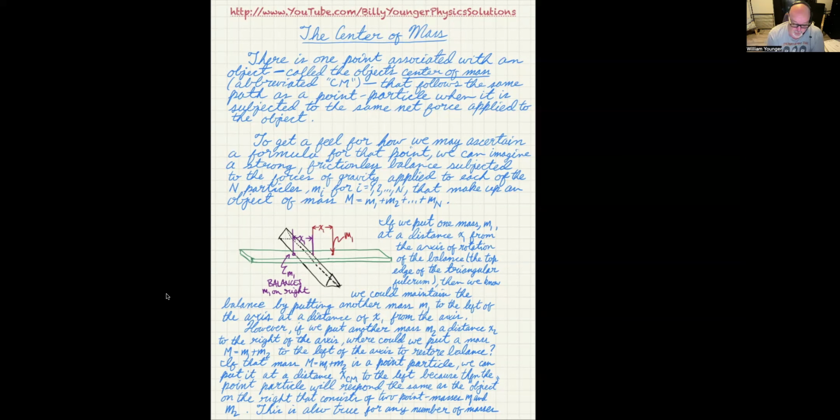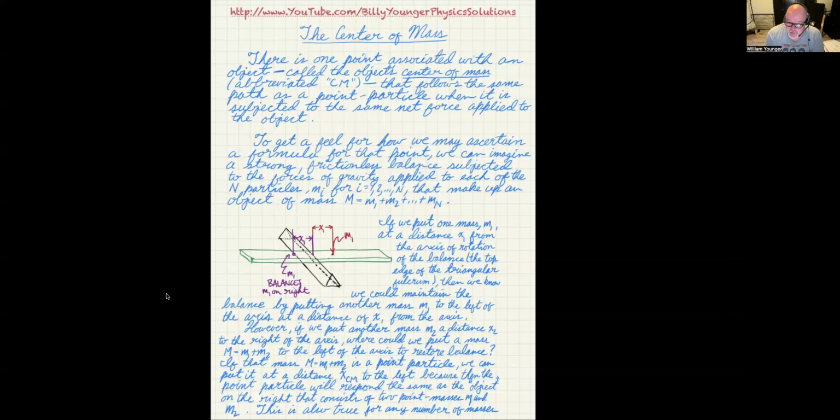So now we're going to use that idea of what a center of mass is to come up with a formula for it. What I've drawn here is a green plank that we can treat like a seesaw balance, and it's sitting on a fulcrum, which is the little black triangular prism that you see there. If we imagine putting a mass m1 some distance x1 to the right of the fulcrum, as we have in the drawing here, you might ask yourself, where would I have to put another mass on the left side to regain the balance?